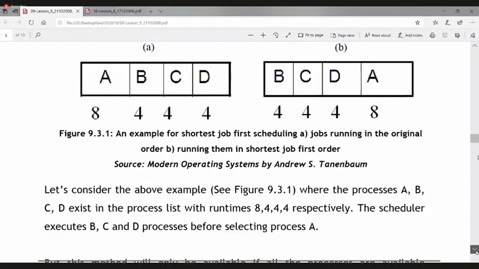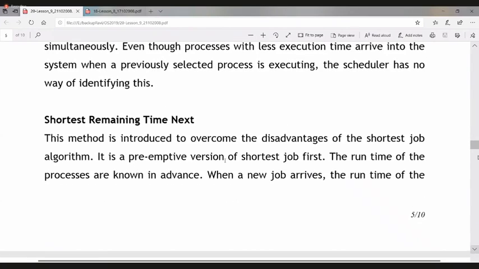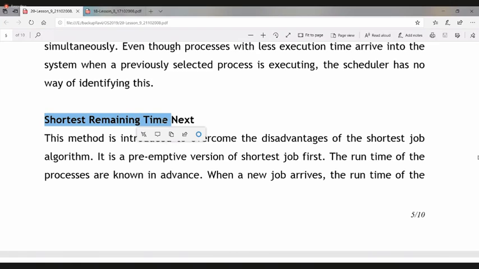Then another algorithm: we can select the shortest remaining time, not the total time but the remaining time. Remember, when you execute processes, some processes execute halfway and then wait, so you have to calculate the remaining time and schedule based on that.